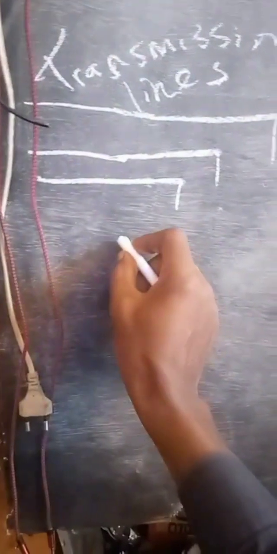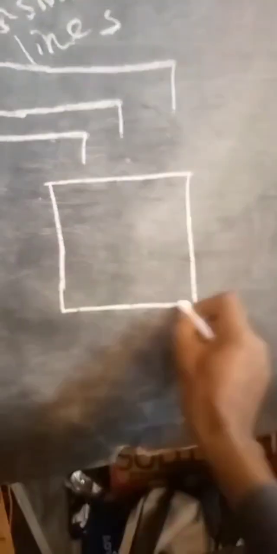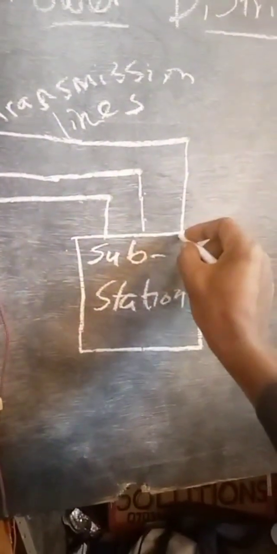If I can have them here and then have my transformer here, and then assume this is my substation, like that, I can be able to connect my power there.